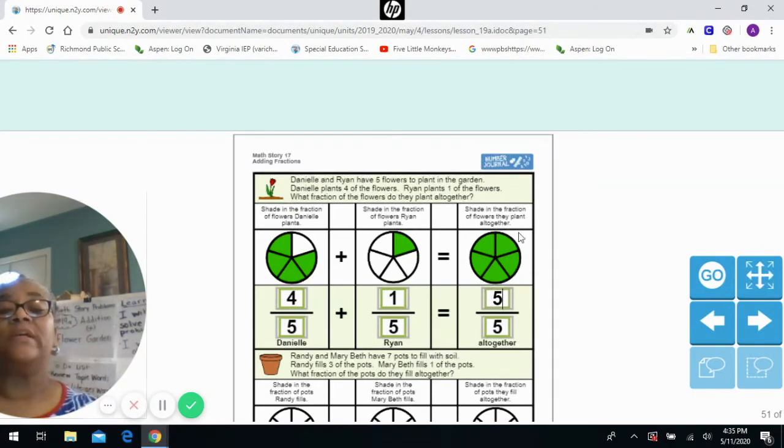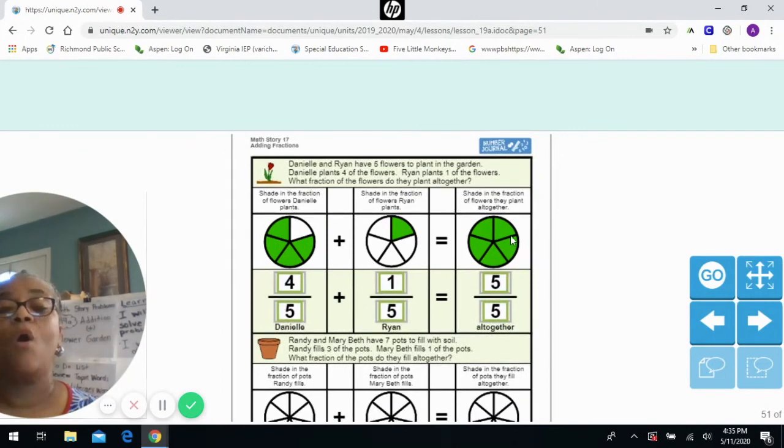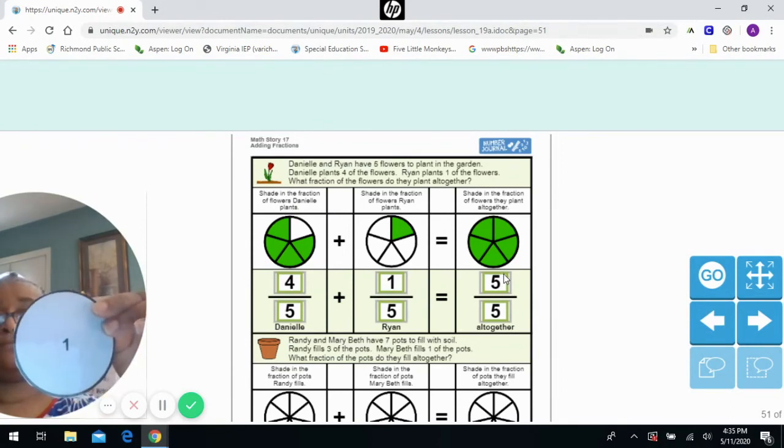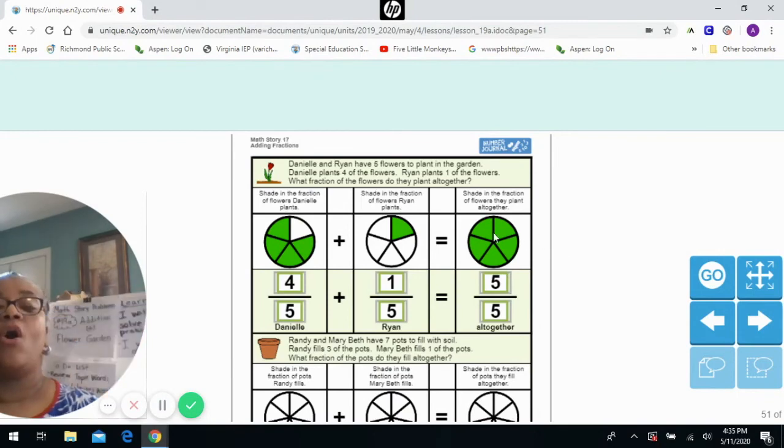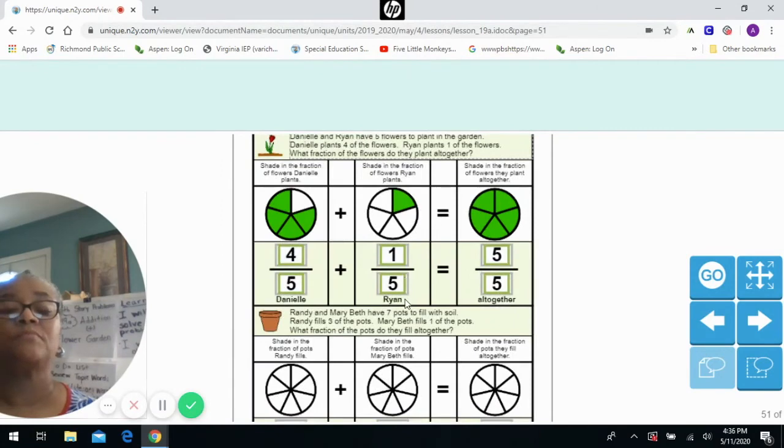Now, when we have 5 and 5, it just says one whole. When everything is colored, it becomes one whole thing, even though you see the sections there, but all of them are colored, so it's just one. They planted everything. They planted everything they had.